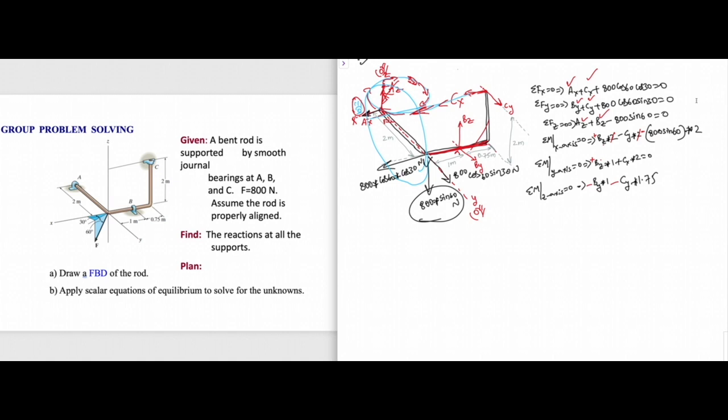So the same drill, we just have the external force. What about 800 cos 60 cos 30? Because this is parallel to x, we will not have that effect in the x-axis. What about 800 cos 60 sin 30? The line of 800 cos 60 sin 30 is passing through the x-axis, so we will have no effect. So this is supposedly equal to 0.